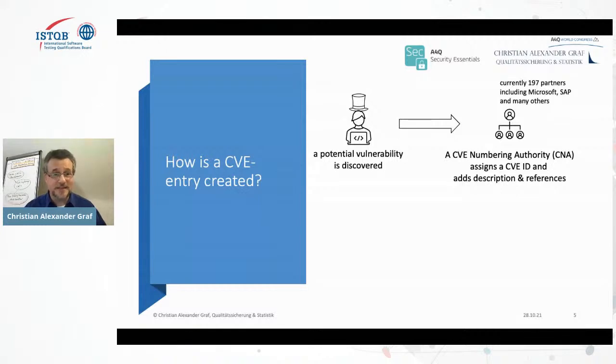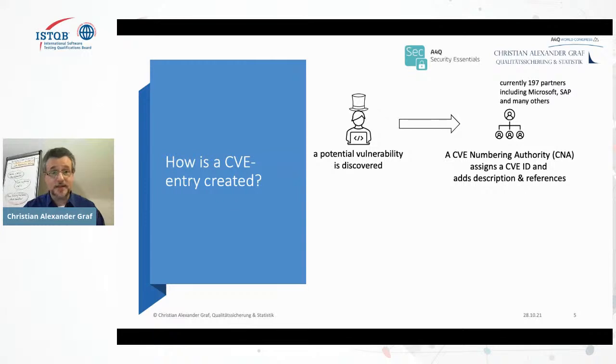SAP will create the entries for anything that has to do with SAP. But there are also numbering authorities that are responsible for open source projects. So if you discover something in open source, you can look up which numbering authority or which CNA is responsible for a product. And then you can get a CVE for that and make sure that the CVE is published.